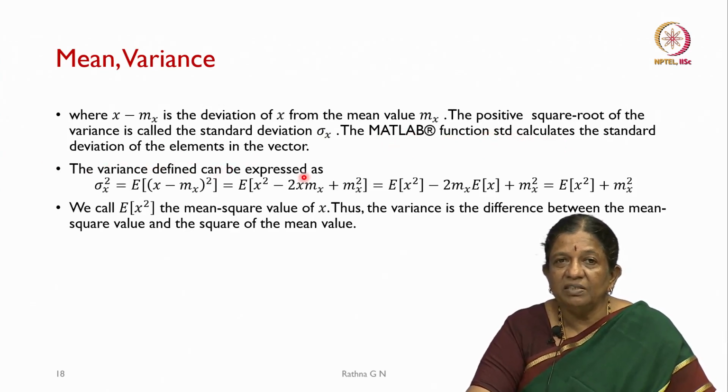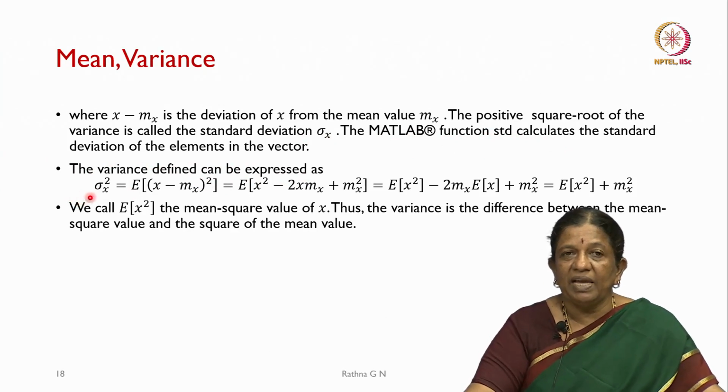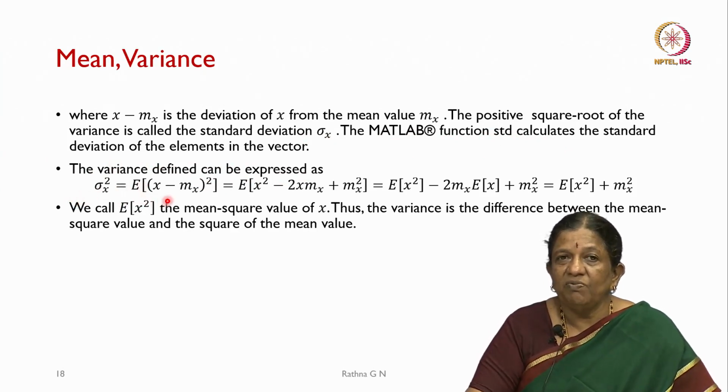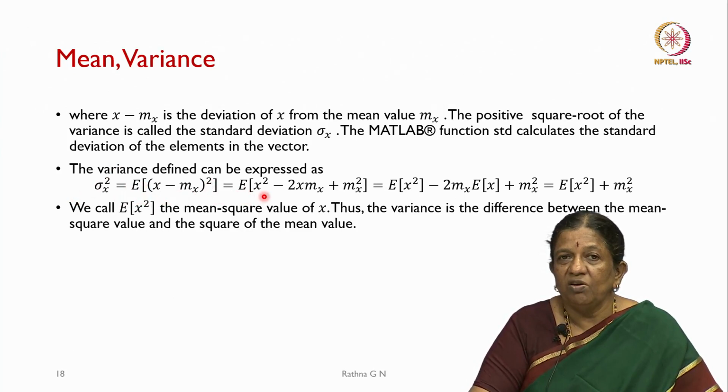The variance can be expressed as sigma x squared equals the expected value of x minus mx whole squared, which is nothing but the expected value of x squared minus 2 mx x plus mx squared. Taking the expected value inside, it is the expected value of x squared minus 2 into mx into the expected value of x, plus mx squared. This simplifies to the expected value of x squared minus mx squared.